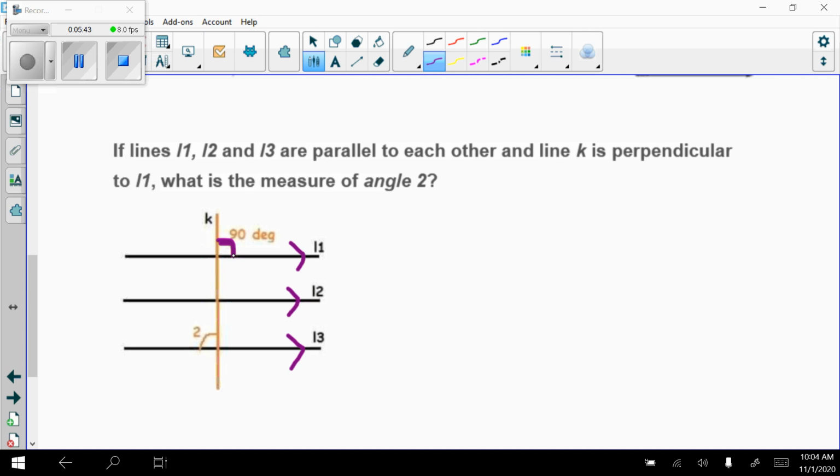Remember that we have this theorem that tells me that if the transversal is perpendicular to one of two parallel lines, then it's perpendicular to the other. So I know, therefore, our theorem, which was theorem 3.11, then I could say that K is perpendicular to line 2.